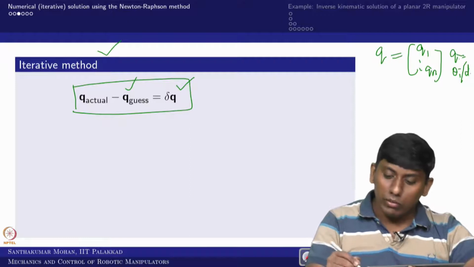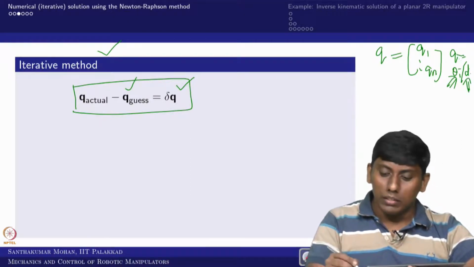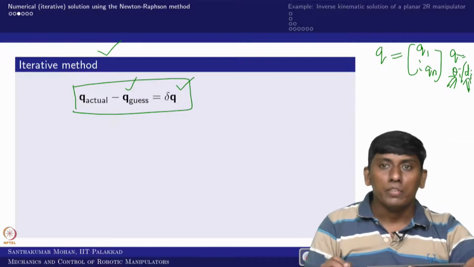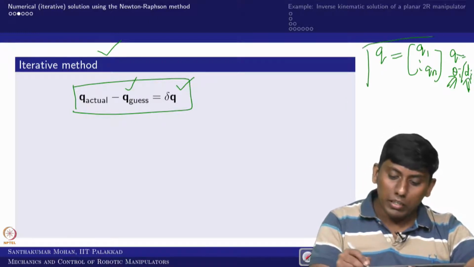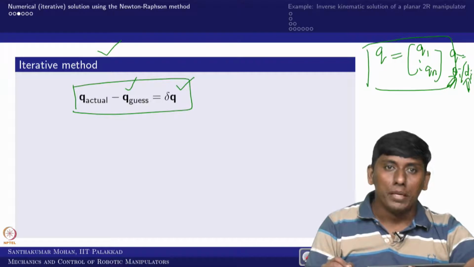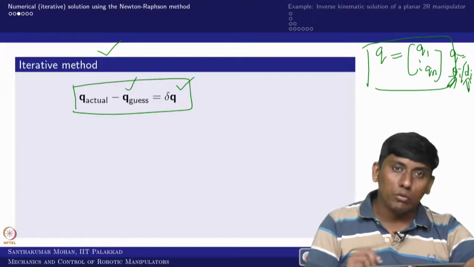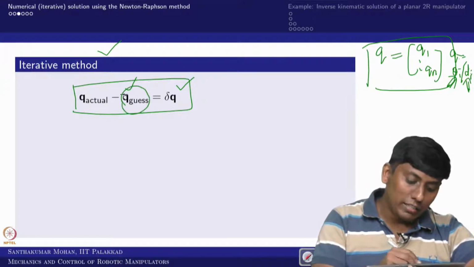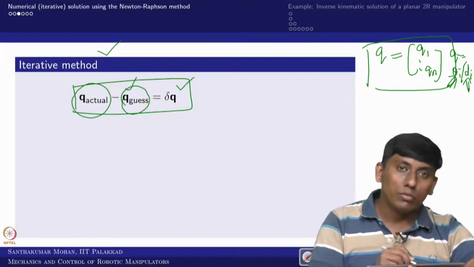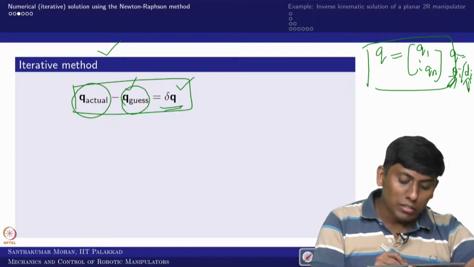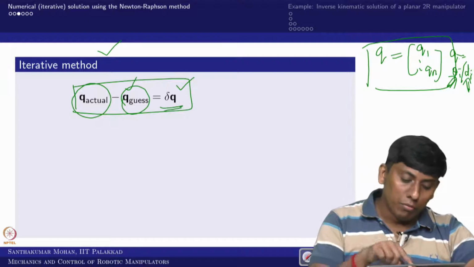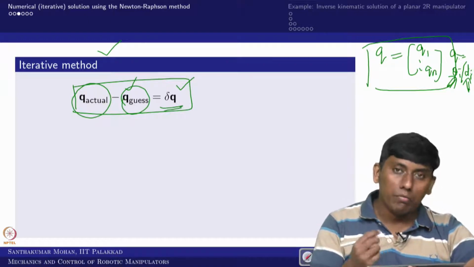If it is a rotary joint, theta i; if it is a translation joint, it would be the joint distance. So you have a q vector in this form. Now we are trying to find the q vector, but we are taking a guess and the actual is something. We don't know the error, but we assume that this is the error. Now we want to rectify or go away from this error.